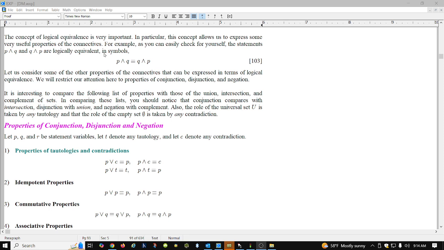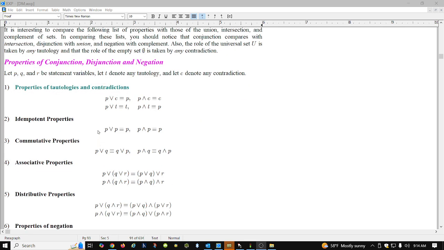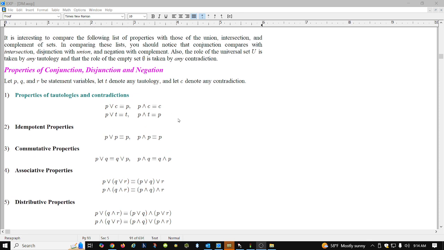The concept of logical equivalence is quite useful. For example, we can use it to describe some properties of the basic connectives. For example, P and Q is logically equivalent to Q and P. Here is a list of properties of conjunction, disjunction, and negation. And when you take a look at this list of properties, you might notice that conjunction compares to intersection of sets.